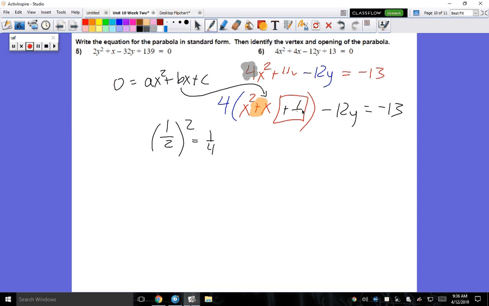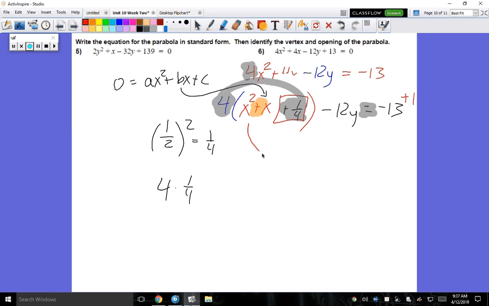So we're adding 1/4 here. But total-wise, we are adding 4 times 1/4, which is like adding 1 to this left side of this equal sign. So what we just did is we added 1 to the left side, we now have to add 1 to the other side. What you do to one side, you must do to the other.